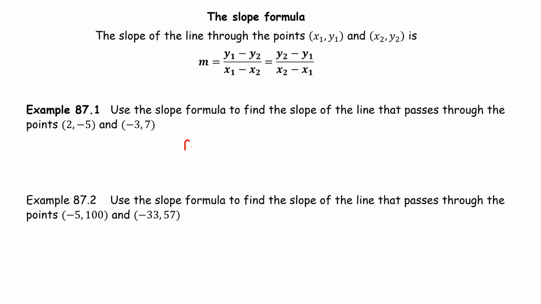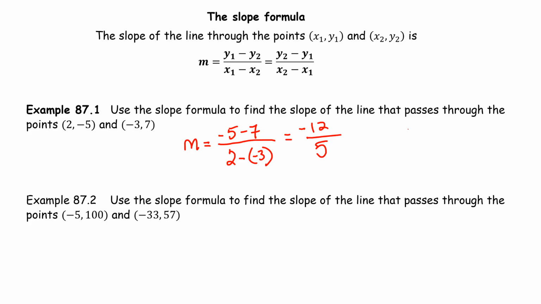So you could say m equals, I'm starting with my y's. Remember, the y's go on top. So negative 5 minus 7 over, now I have to start with 2 because that's the x that goes with negative 5. So 2 minus negative 3. And that would give me negative 12 over 5. So the slope for that would be negative 12/5.